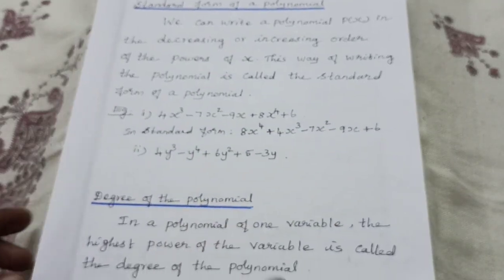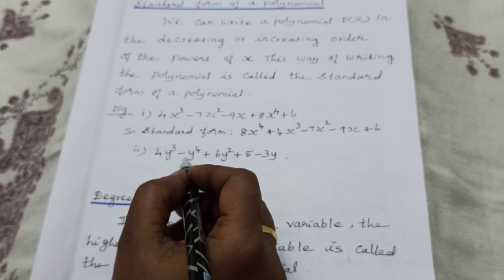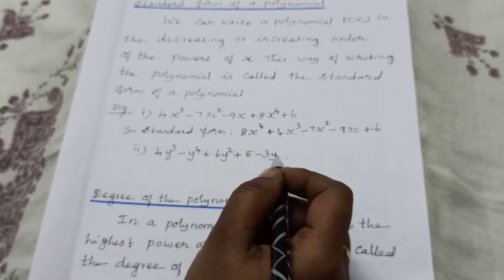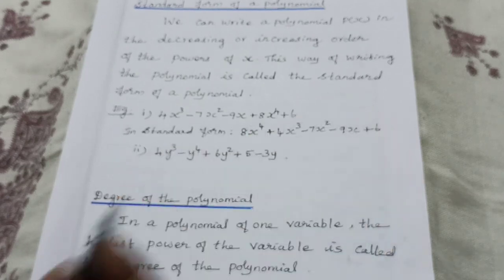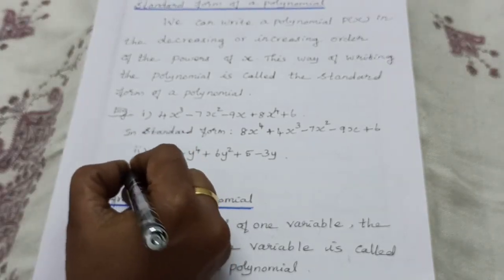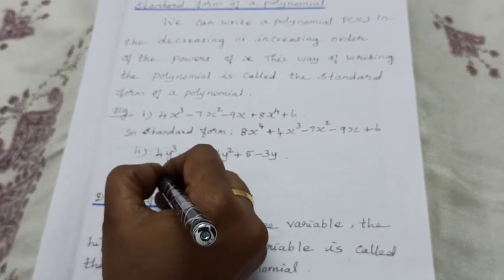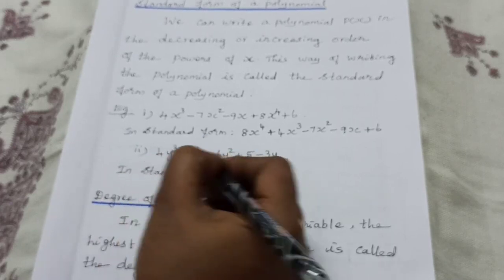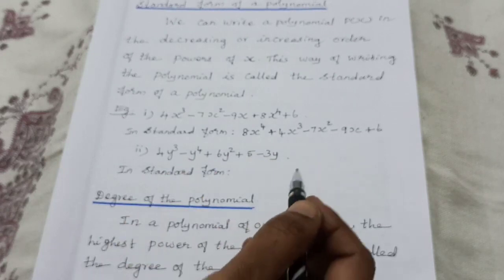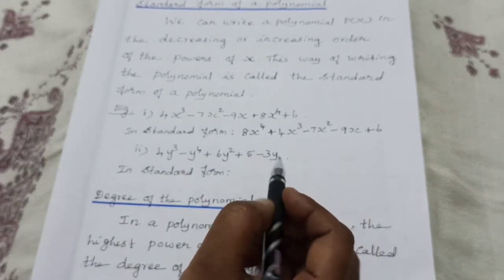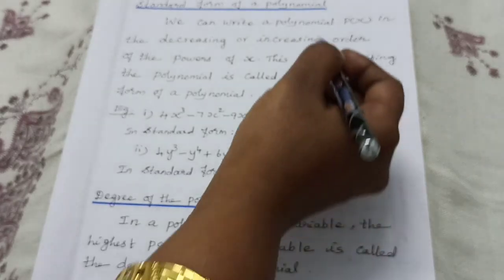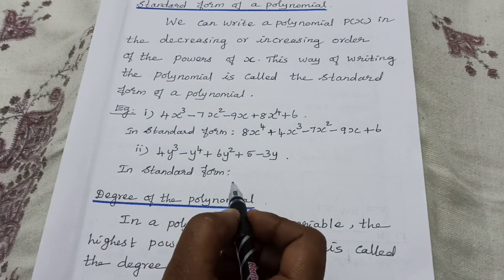Second one: 4y cube minus y power 4 plus 6y square plus 5 minus 3y. How can we write this in standard form? In increasing order of the power, or ascending power, of y.